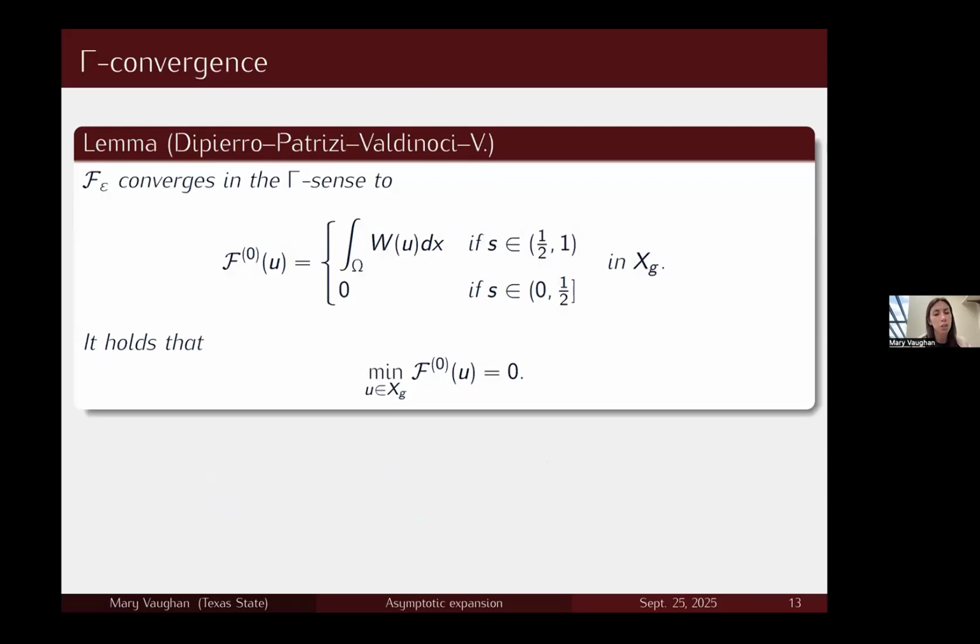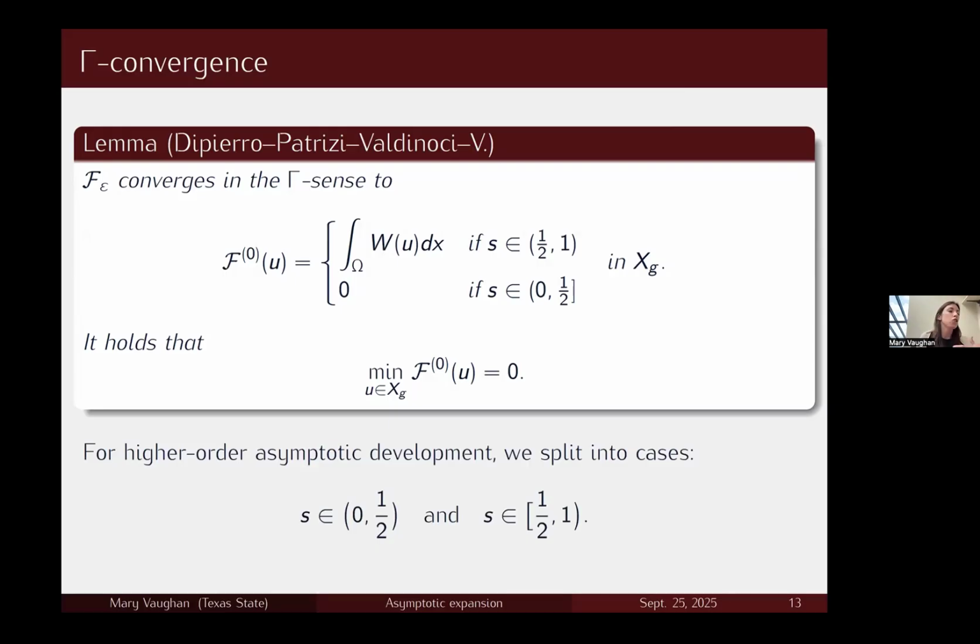So for the 0th order gamma convergence, our functional converges to the potential energy if s is strictly bigger than a half, and just 0 if s is less than or equal to a half. We prove this explicitly, and the minimum over all u of this energy is equal to 0, because in the case s bigger than a half, you can take any u that's plus or minus 1 in omega, and you get 0.